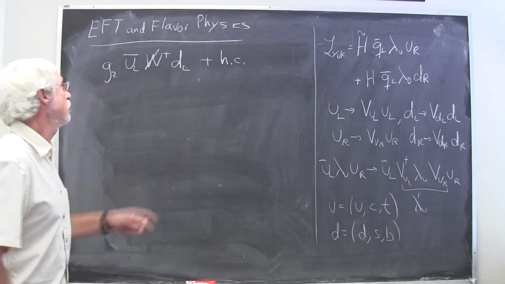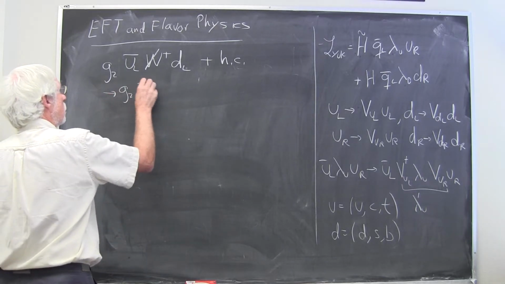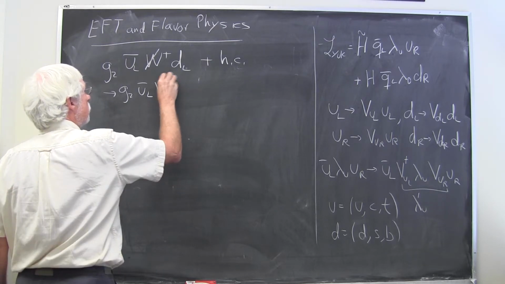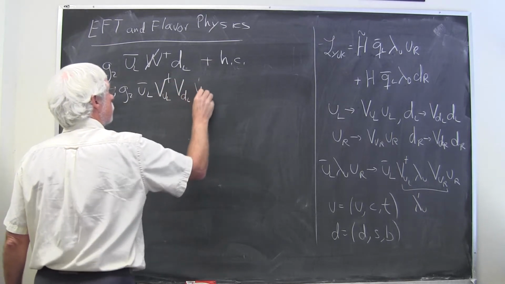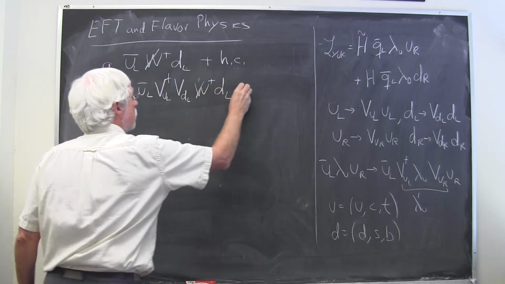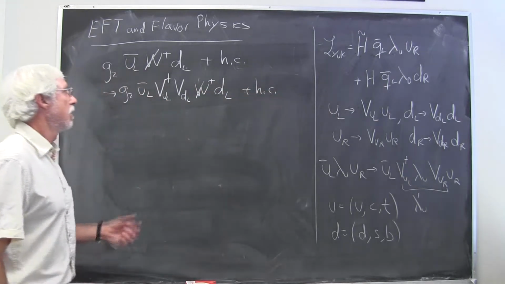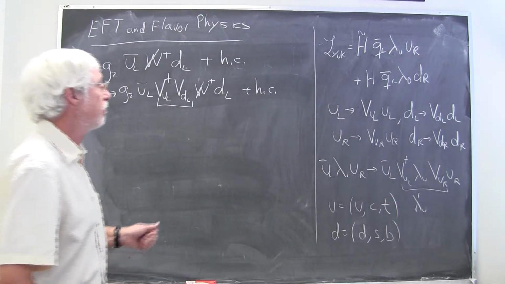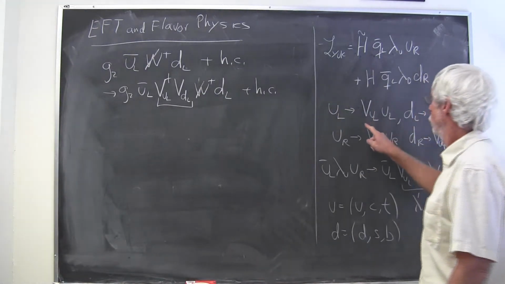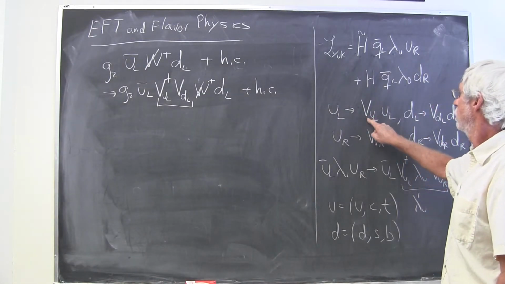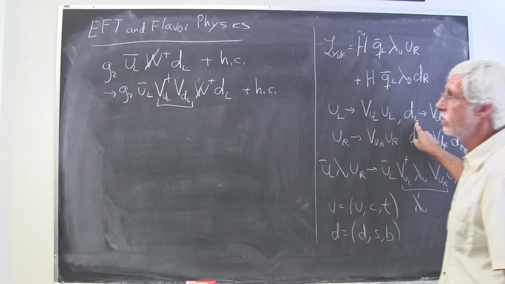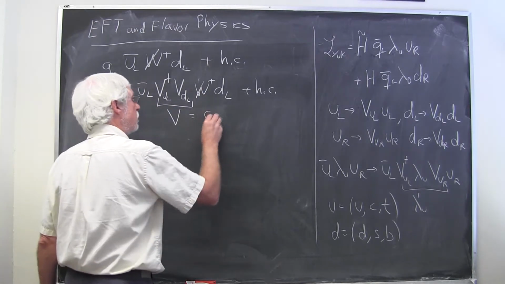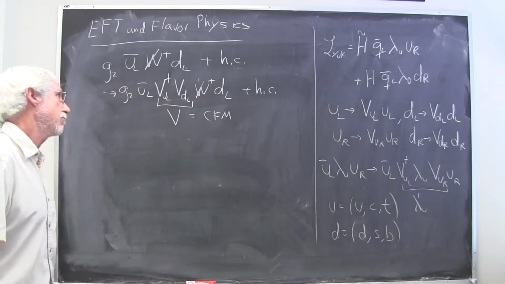And when you make this transformation, this interaction becomes of the following form, which involves this matrix, which measures how much we fail to do a symmetry transformation. In other words, by how much these two matrices that transform the left-handed quarks differ. So this matrix we're going to call V, and is the CKM, Cabibbo-Kobayashi-Maskawa matrix.